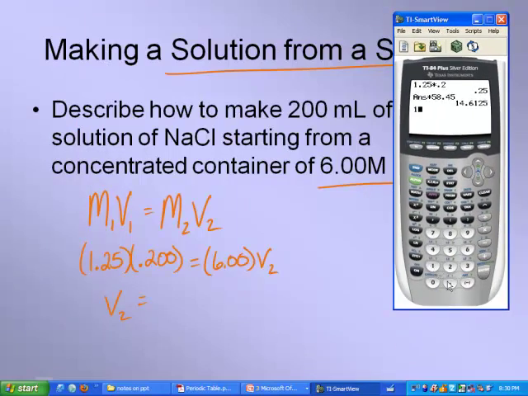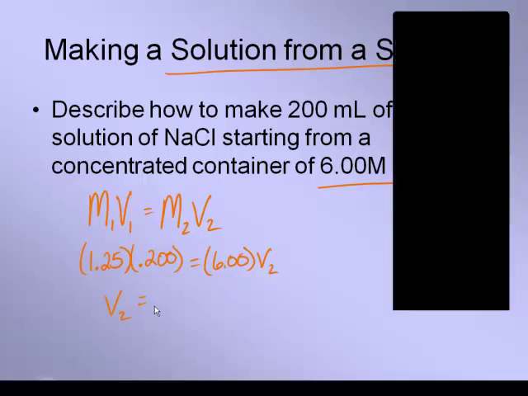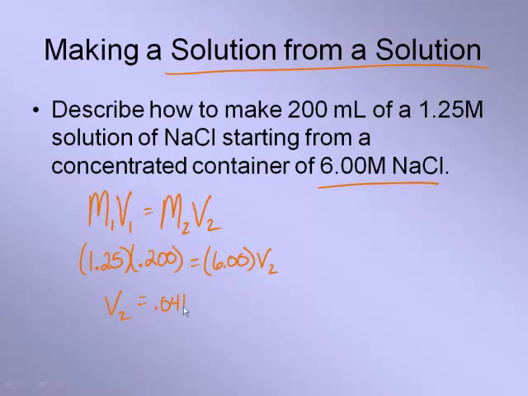So I have 1.25 times 0.2 divided by the thing connected to the variable, 6, is 0.04166667, 0.0417 liters, or, move the decimal, 1, 2, 3, 41.7 milliliters.